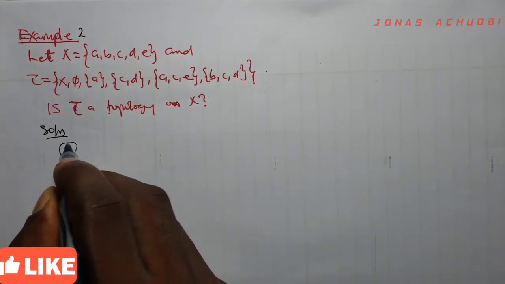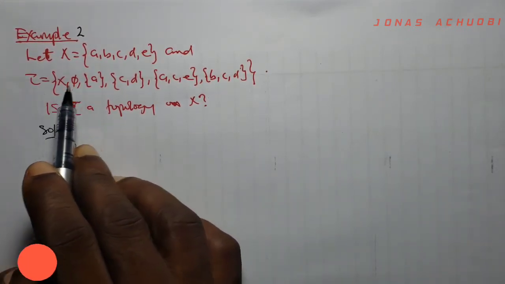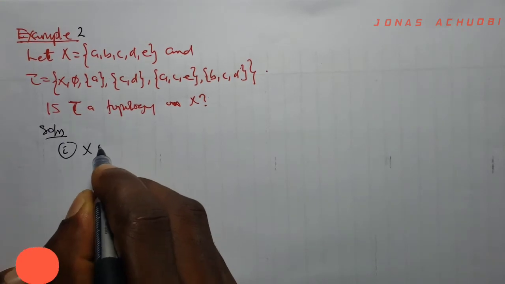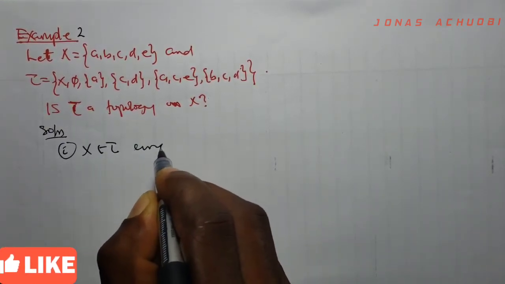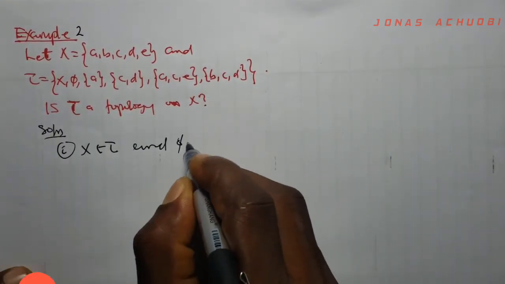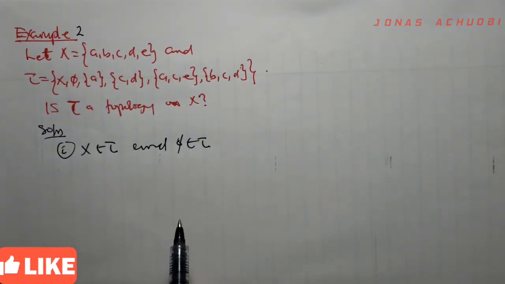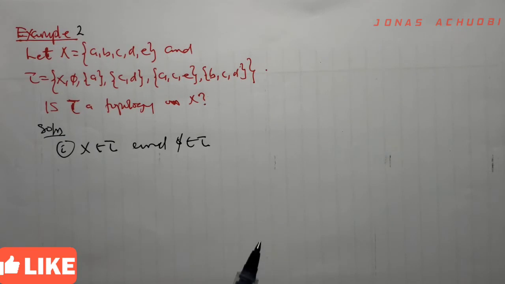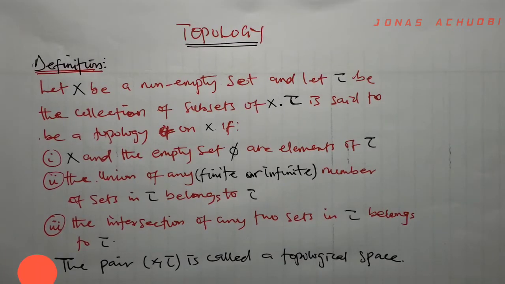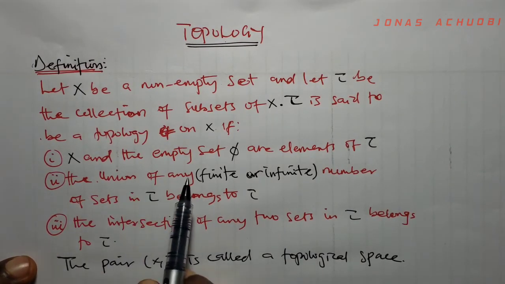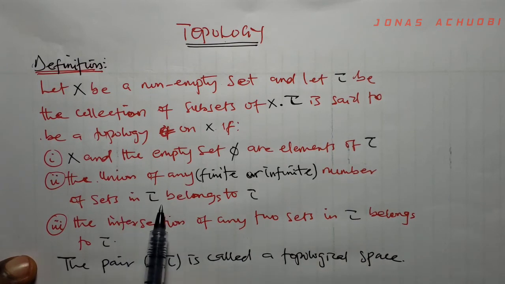Obviously from tau, X is here, so X is an element of tau, and we see again that the empty set phi is an element of tau. Therefore, the first condition of our definition is fulfilled. We now move to check the second condition. The second condition says that the union of any number of sets in the collection must belong to the collection tau.